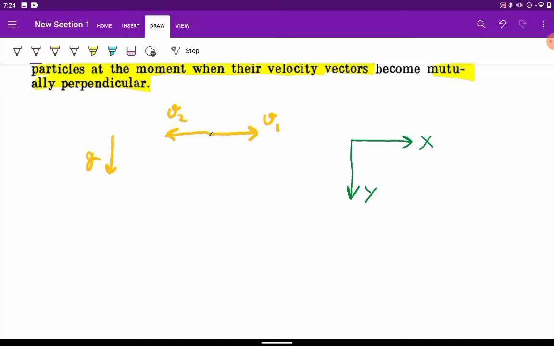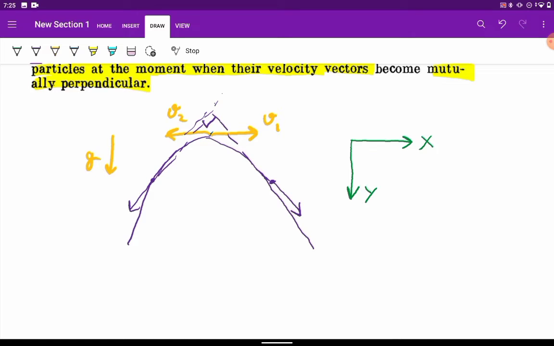One particle will go this way, the other particle will go this way, and at some instant of time the velocity directions will be perpendicular to each other.